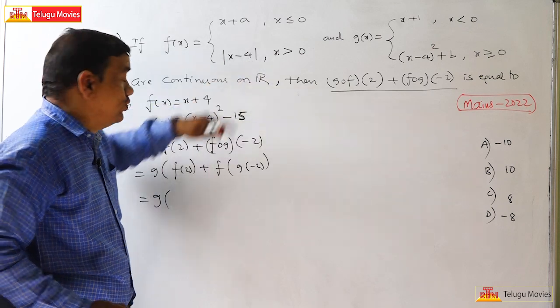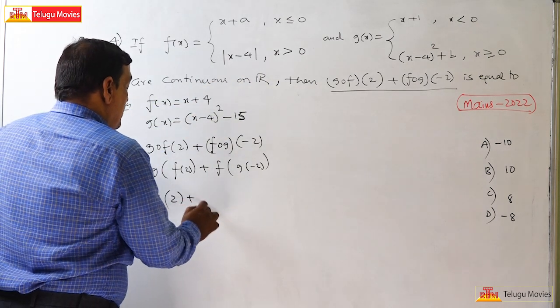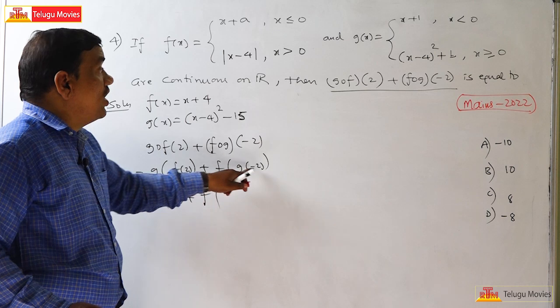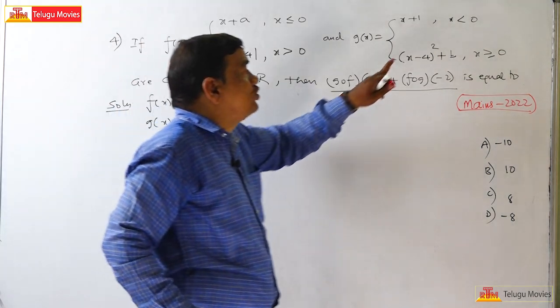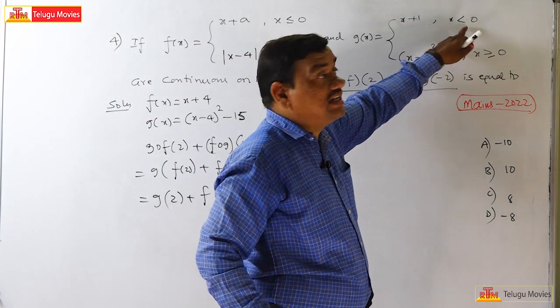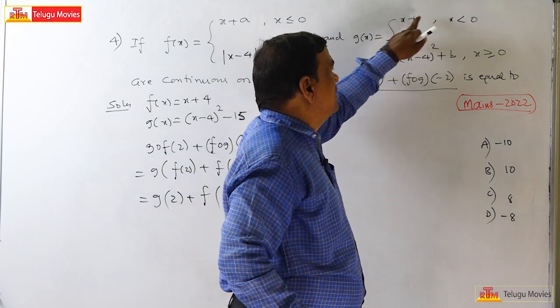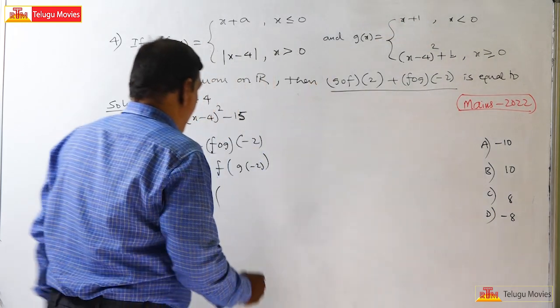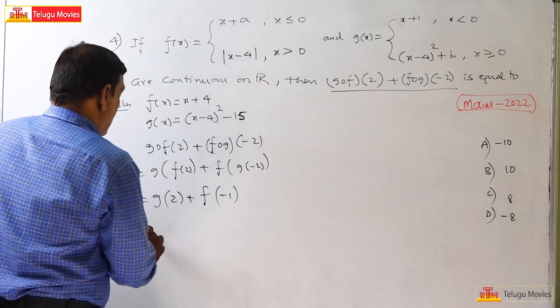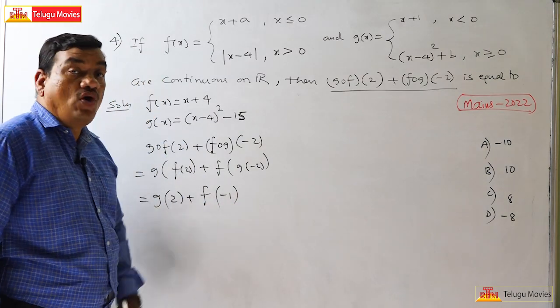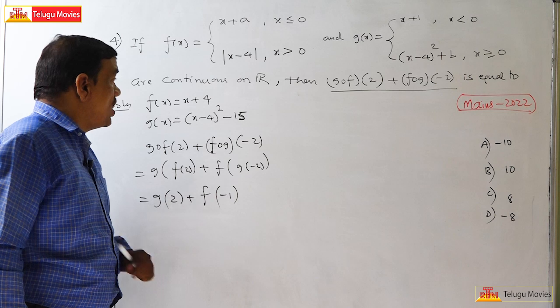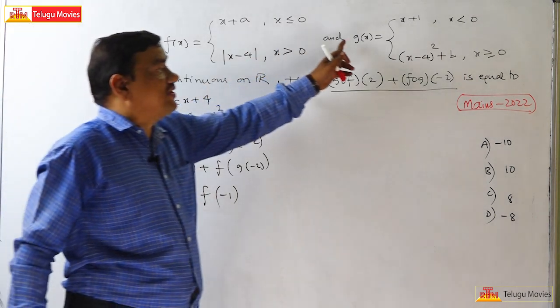Modulus of minus 2 is 2. So, g of 2 plus f of g of minus 2. g of minus 2 means what? x less than 0, here minus 2 plus 1, minus 1. So, we got g of 2 plus f of minus 1. Let us find out the g of 2 value. g of 2 means g function.